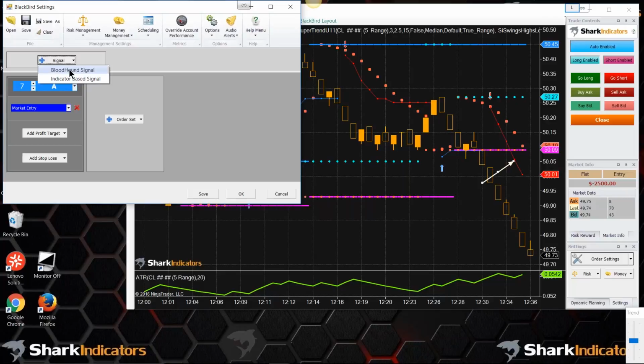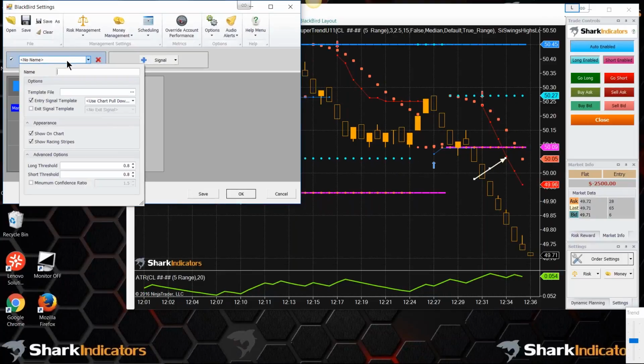In this question, RJ is going to be using Bloodhound to initiate his entry signals, and also some exit signals as well. Keep in mind, these are not stop loss signals, these are exit signals to flatten out the trade.